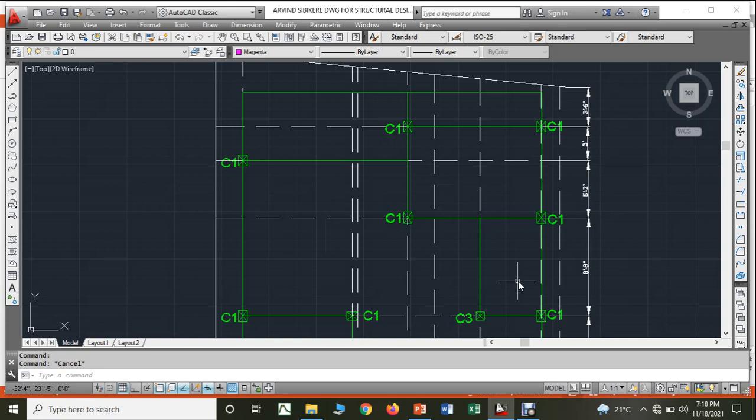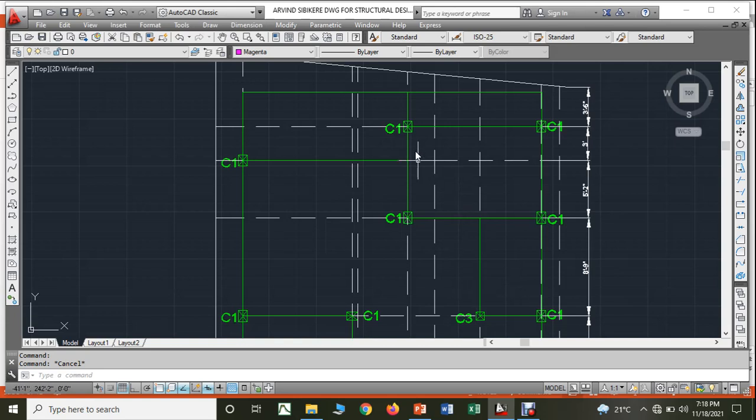Always the depth of your primary beam or the mother beam should be greater than or equal to the depth of your secondary beam. You cannot place any secondary beam whose depth is larger than the depth of the primary beam.